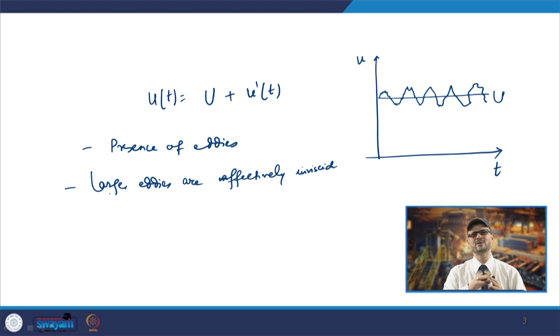So, you will have that kind of flow structure coming up in the case of turbulence. You will have the mean flow, the larger eddies and the smaller eddies, and they will be deriving energy from the mean flow. Also, turbulence is said to be self dissipating. Those terms we will be discussing later.